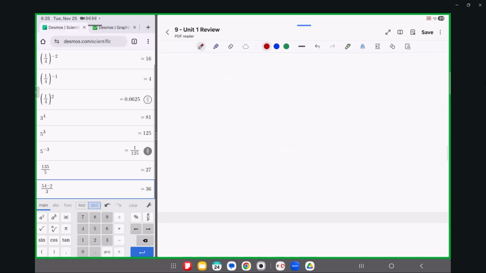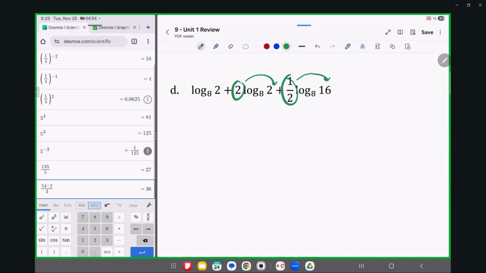Okay. Letter D, the most complicated looking expression. We have here log base 8 of 2 plus 2 log base 8 of 2 plus 1/2 log base 8 of 16. So our first step here is to use the power law of logarithms to move the number in front of the log back to the argument.